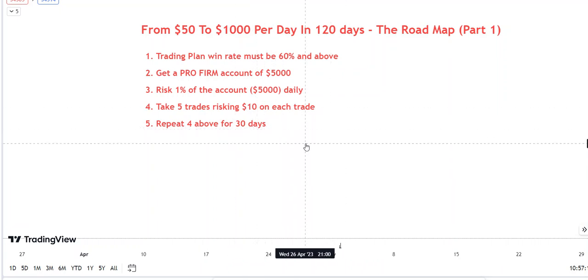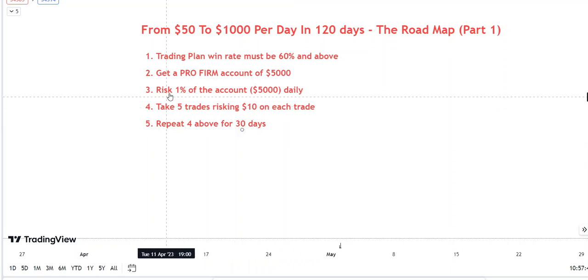Why I did this is that on a prop firm account, most of the prop firm accounts allow a drawdown of 5% at most, and if your total drawdown is like 10%, that account will be taken away from you. But here we are dealing with 1%.